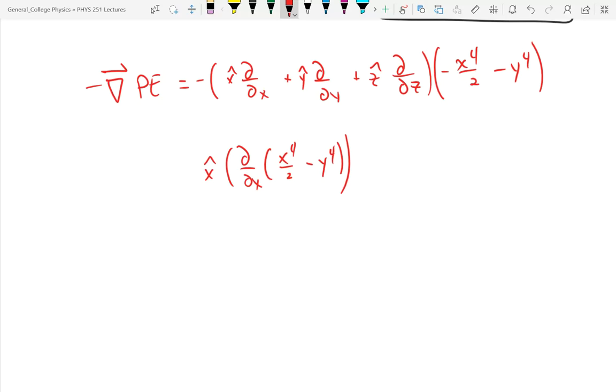Yeah, because the derivative of y to the fourth with respect to x is 0. That's because it's a partial derivative. So I didn't really need to put that in there because I could in my brain instantly say, well, that one's 0. And so the derivative of x to the fourth is 4x cubed.